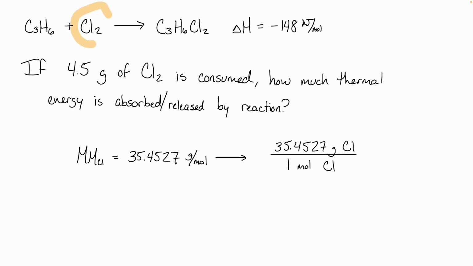If we look at our compound formula here, it is not just Cl all by itself, but Cl2, diatomic chlorine gas. So I'm not going to be able to use this conversion factor right here. What am I going to have to do? I have to multiply it by 2. So really what I'm going to use in my math here is 70.9054 grams of Cl2 are in 1 mole of Cl2.